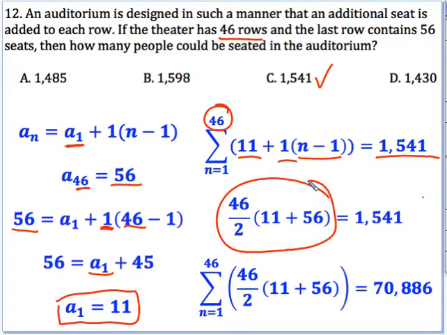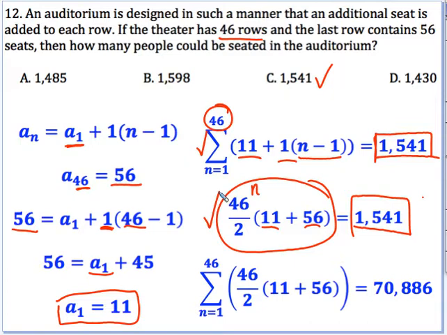Okay, so if you put your n here, the number of rows you have is 46, your first term is 11, and your last term is 56. If you do use your series formula, you also get 1,541. So not a problem. You can use either sigma notation or your series formula. Either one will work.